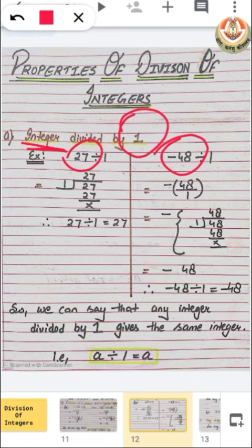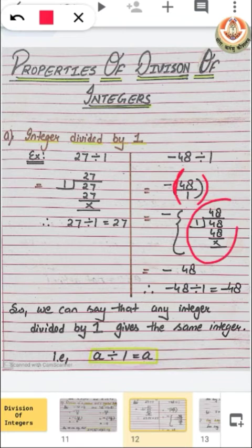Let's talk about positive integer first. Here, when we divide 27 with 1, we get 27 itself as an answer. Now, let's check for negative integer. When we divide minus 48 with 1, first we take minus as common. Now we get this simple whole number division inside the bracket.